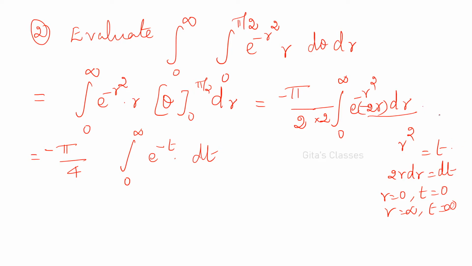Wait, I need not even multiply this. I have substituted r squared is equal to t, so 2r dr is equal to dt, so I can write e power minus t into dt.